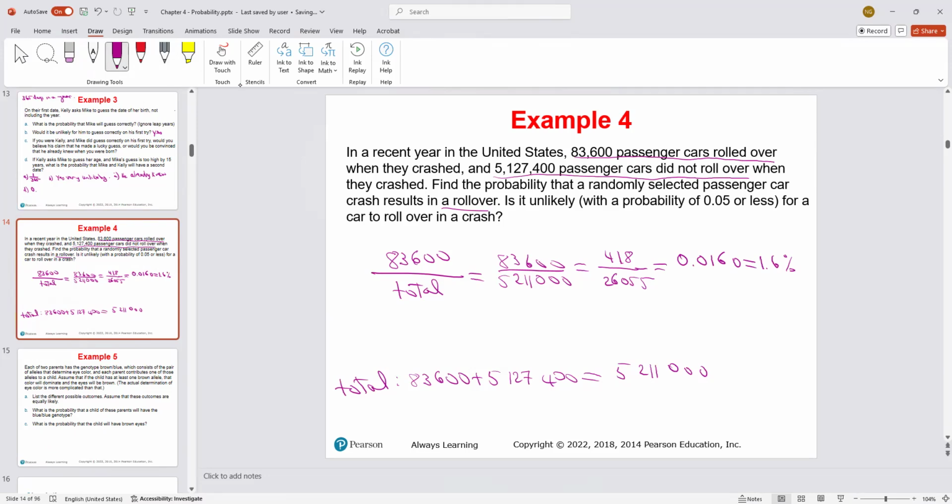Now the question: is it unlikely? That means a probability of less than 5%, because an unusual event has a probability of less than 5%, for a car to roll over in a car crash. Do we obtain less than 5%? Yes, the probability is less than 5%.